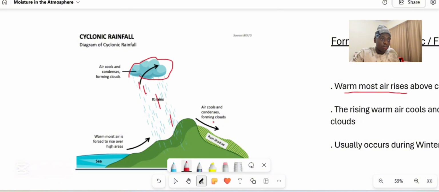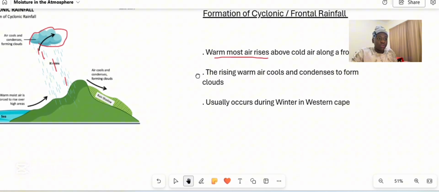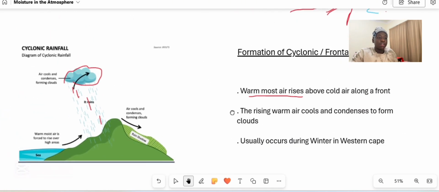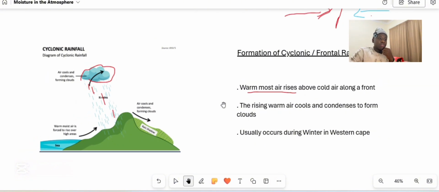Usually it occurs during winter in the Western Cape. Many provinces in South Africa experience this type of rainfall in winter. It is mostly characterized as a seasonal rainfall.